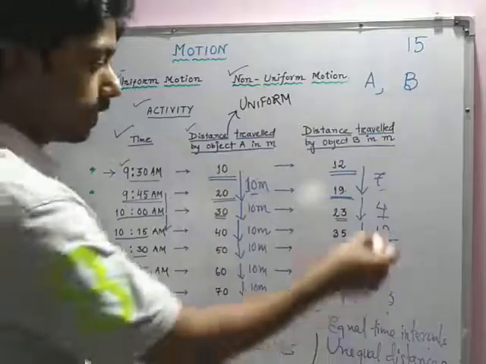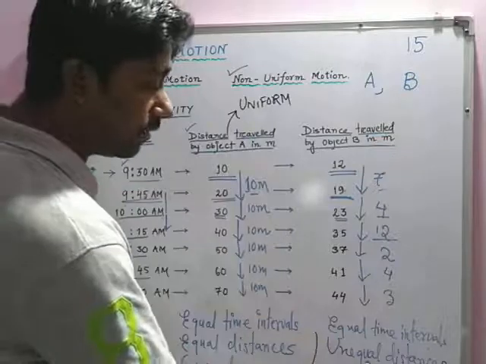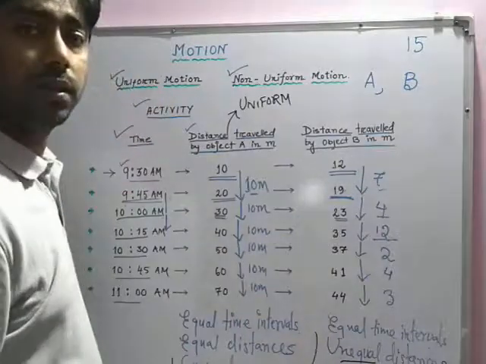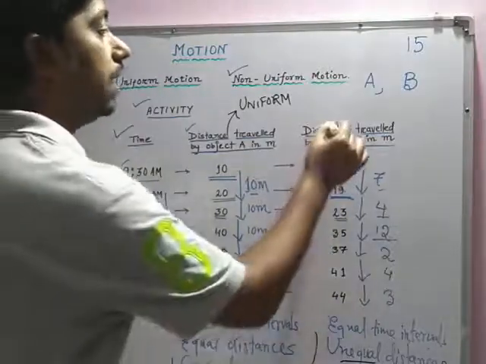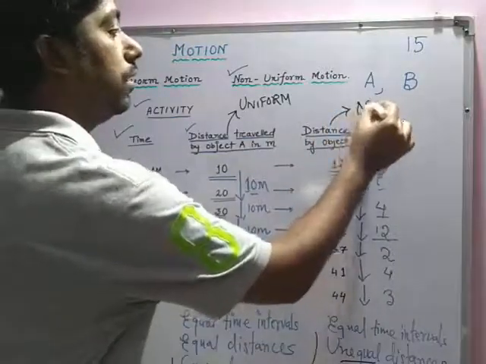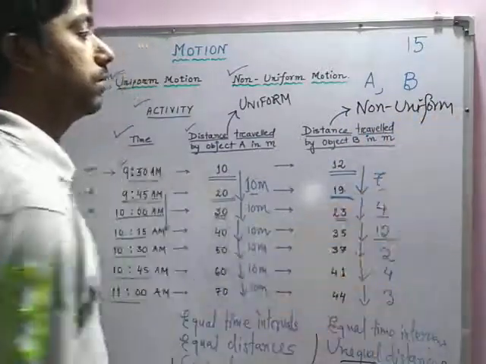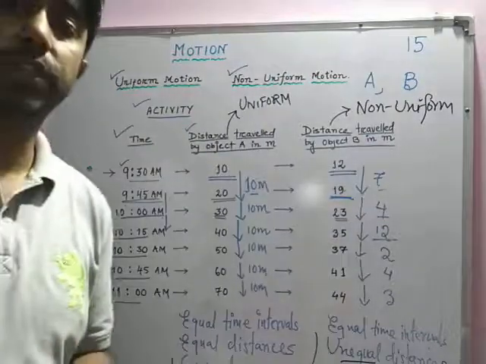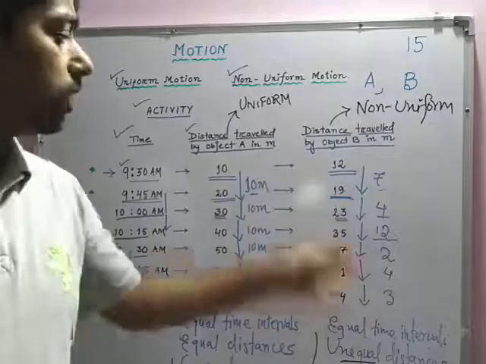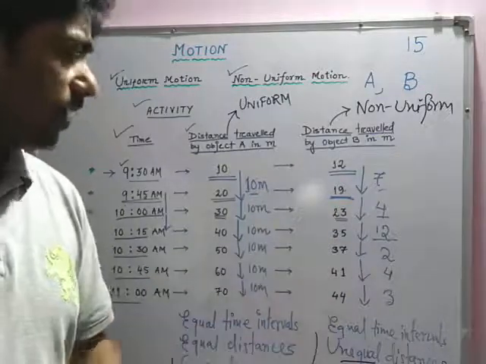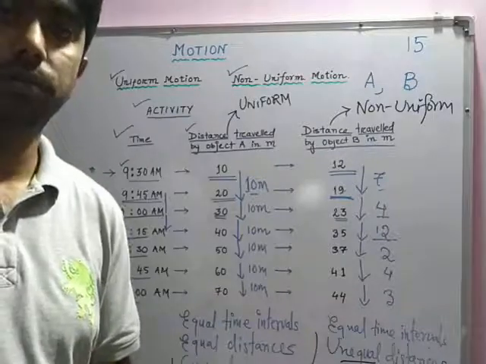And if in equal time intervals you observe that the moving object is covering unequal distances, then that kind of motion is non-uniform motion. So in equal intervals of time, if distances covered are equal, we classify that motion as uniform motion, and if the distances covered are unequal, we classify that motion as non-uniform motion.